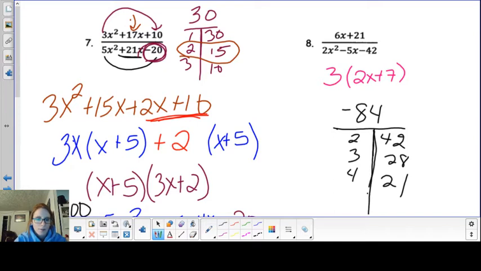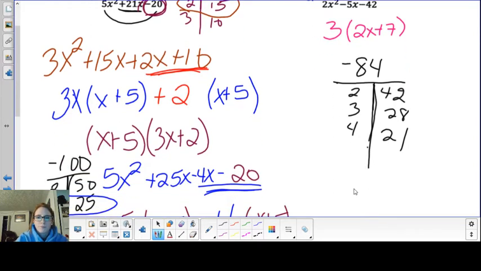Divided by 5, nope. 84 divided by 6, 6 and 14. 84 divided by 7, 7 and 12. 84 divided by 8. 84 divided by 9. 84 divided by 10. 84 divided by 11. 84 divided by 12. Okay, I'm back to where I just got.